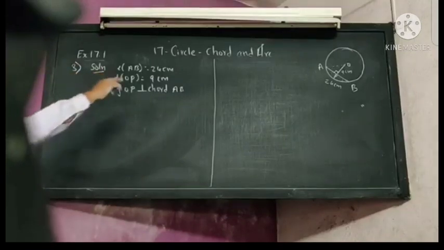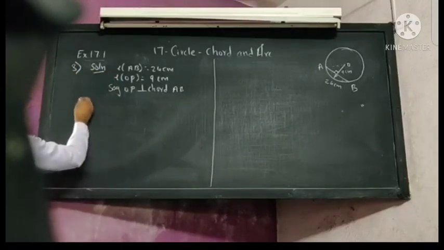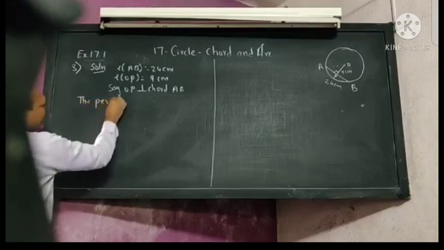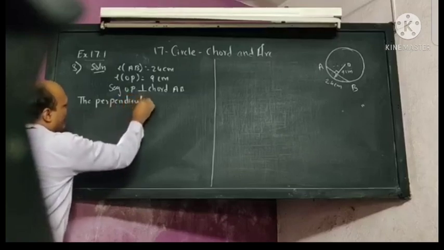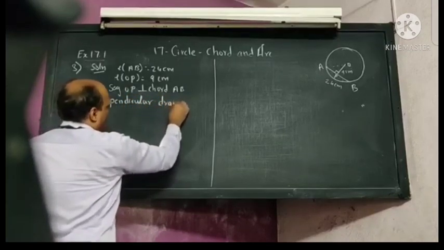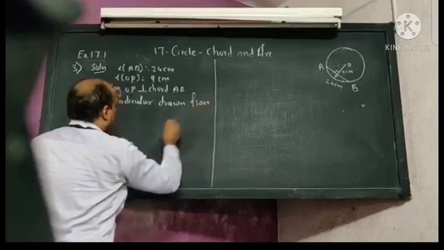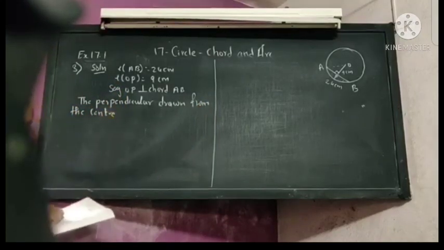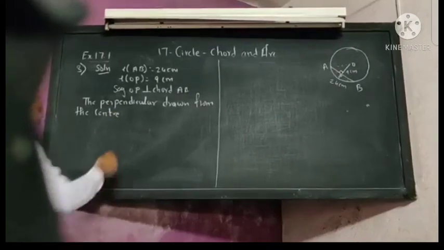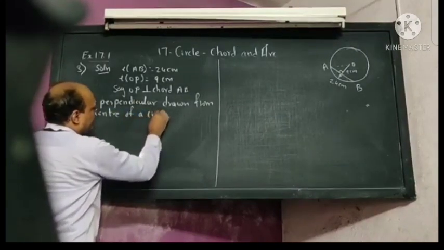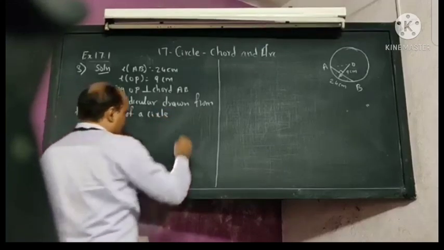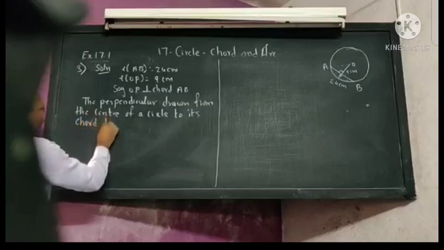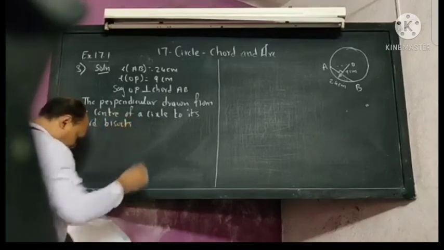Same way, first of all, we have to find the value of AP. So the first property we will apply: the perpendicular drawn from the center of a circle to its chord bisects the chord.